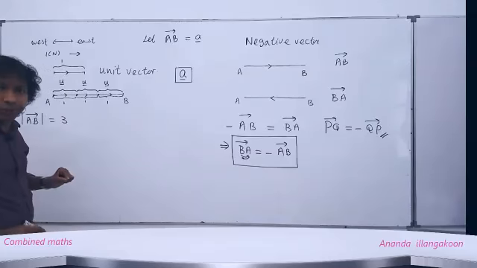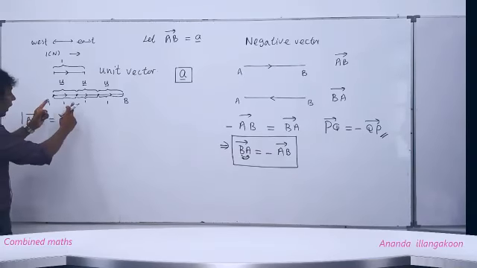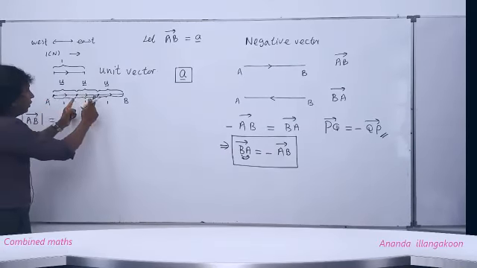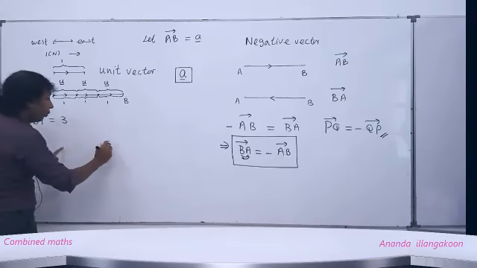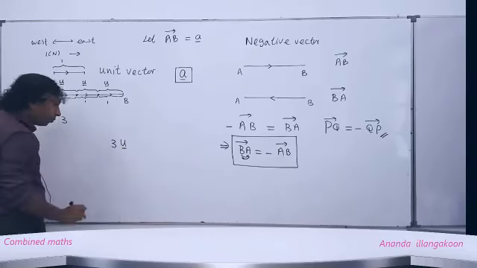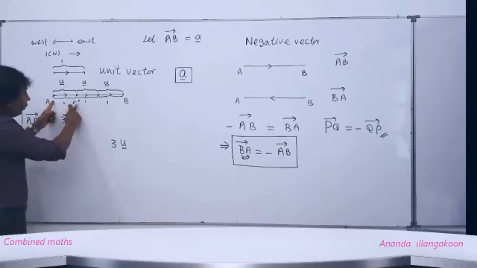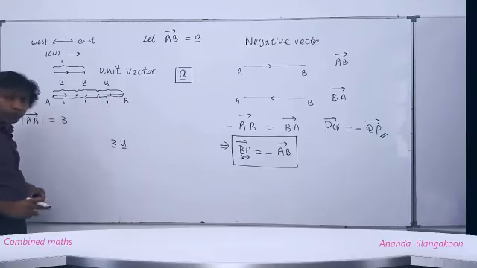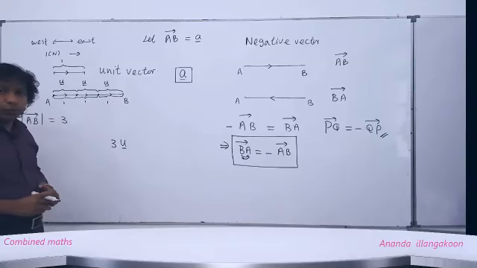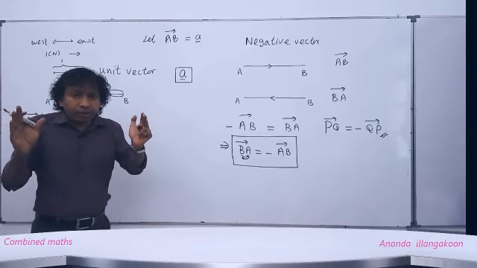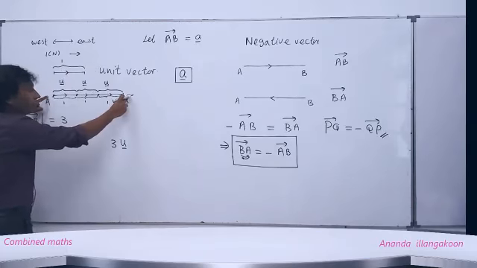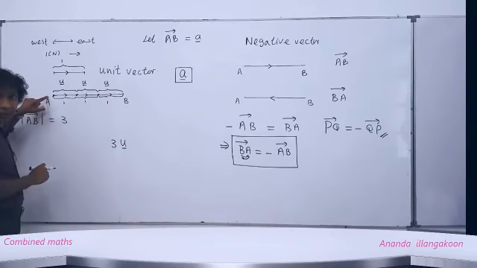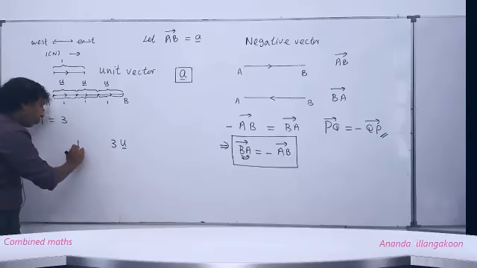People, can you see? By adding this U, this U, and this U, together they make 3U, no? This 3U together forms the whole line segment AB. Correct, no? So therefore, this 3U vector should be equal to the AB vector.